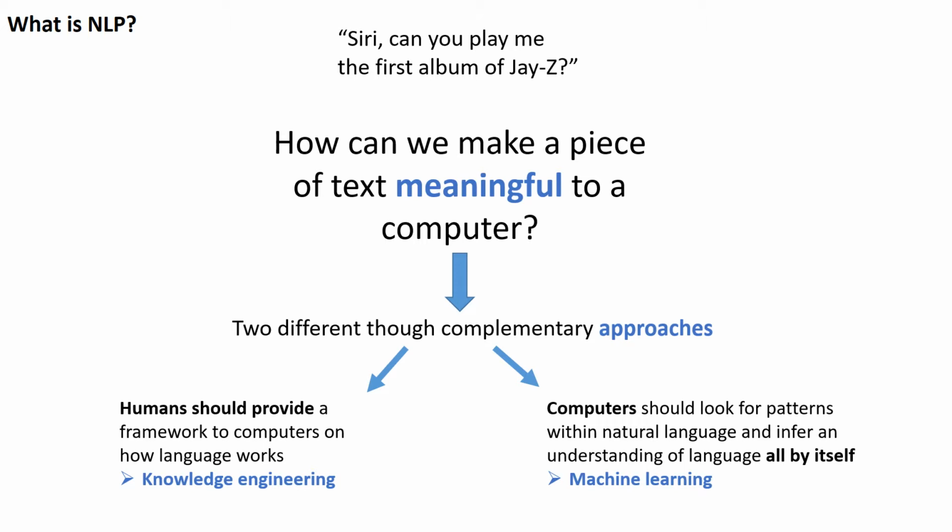Knowledge engineering, not so much. Knowledge engineering sees computers as, let's say, rather dumb when compared with machine learning, and says no, we humans should design NLP applications purposefully and set the rules on how the computer should analyze and think about language, while the machine learning people say, nah, computers can do that all by themselves. And these are the two different approaches that are combined in most NLP applications, especially complicated NLP applications today.